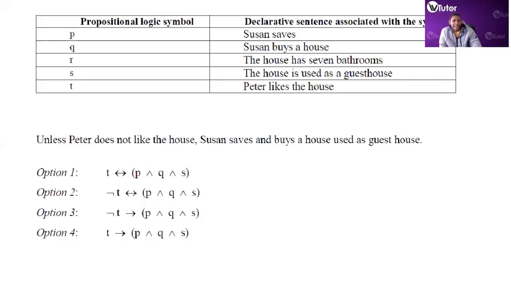So unless, right, remember, unless: not Q implies P, right? So unless Peter does not like the house, so that is Q, is this one. And then Susan saves, we've got an operator here, and then we've got a negation over here.